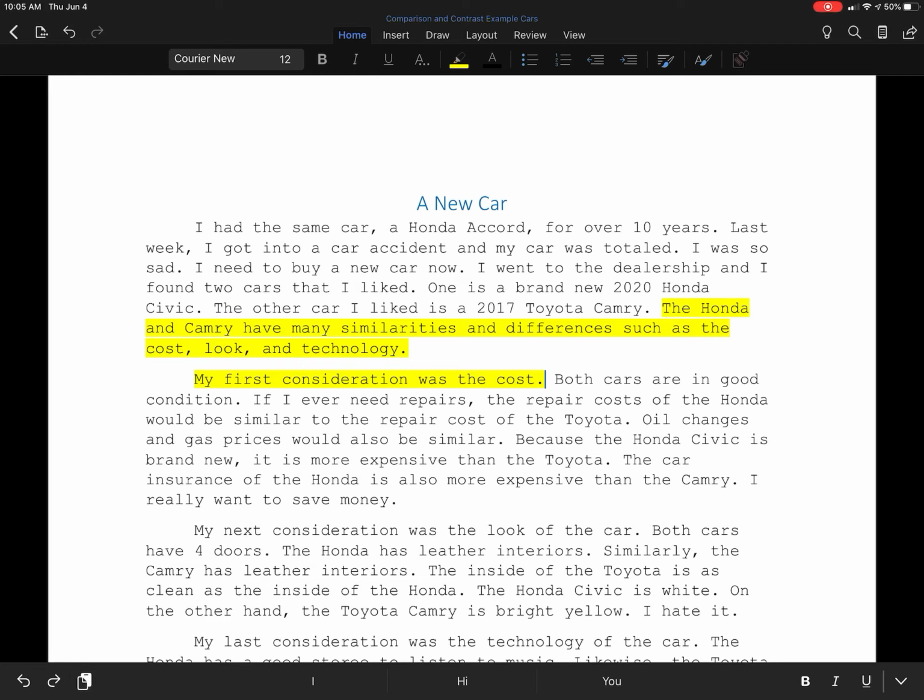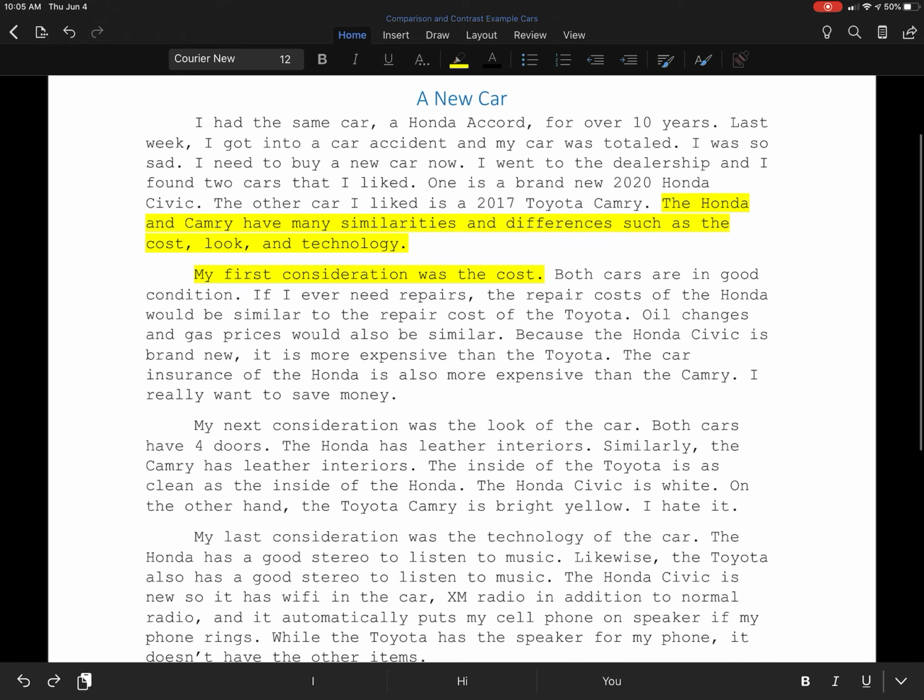After that, I have my difference. Because the Honda Civic is brand new, it is more expensive than the Toyota. The car insurance of the Honda is also more expensive than the Camry. So in this paragraph, not only do I have a topic sentence, which you need, we have 2 similarities and 2 differences.